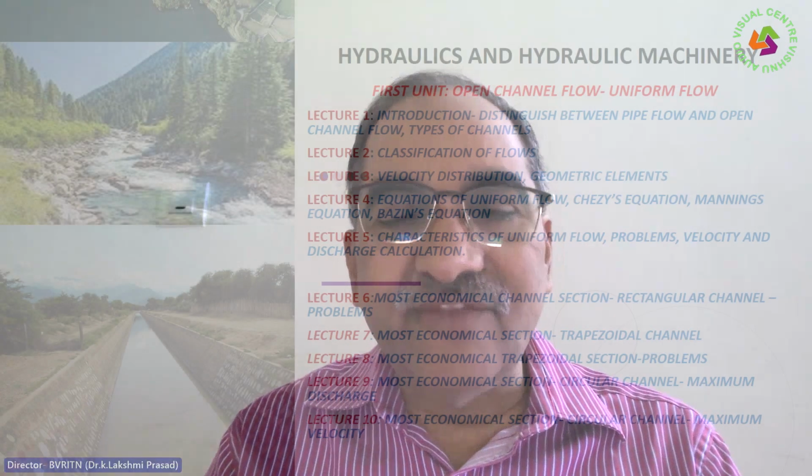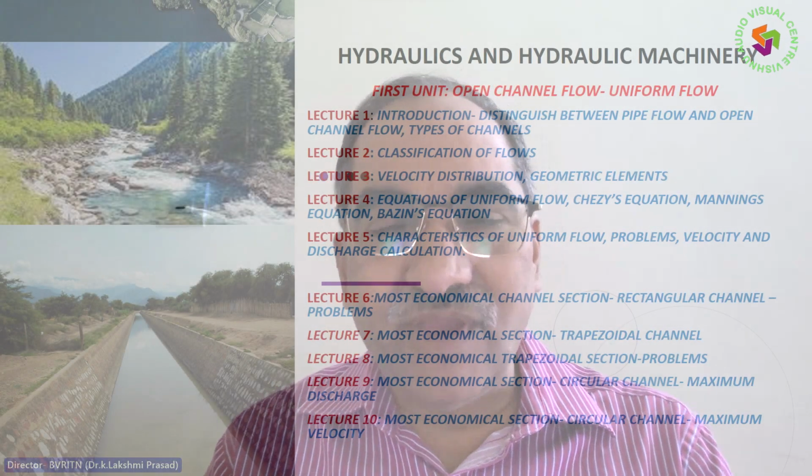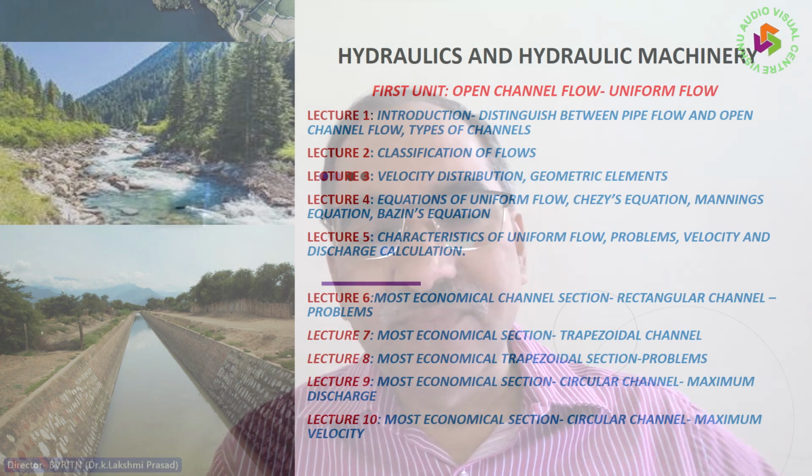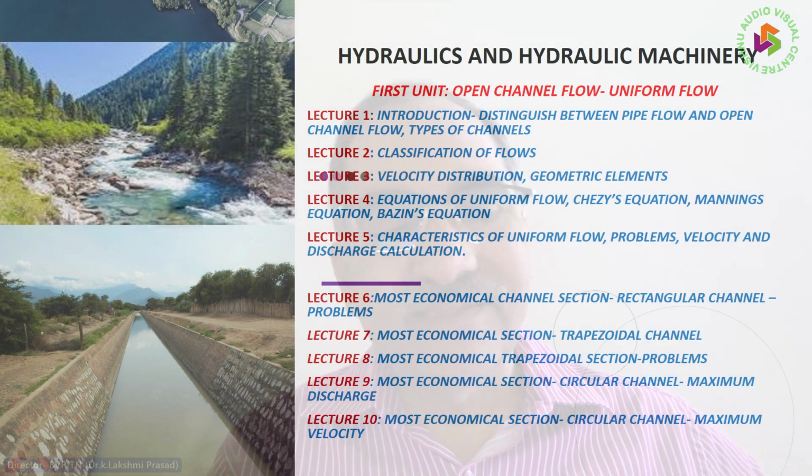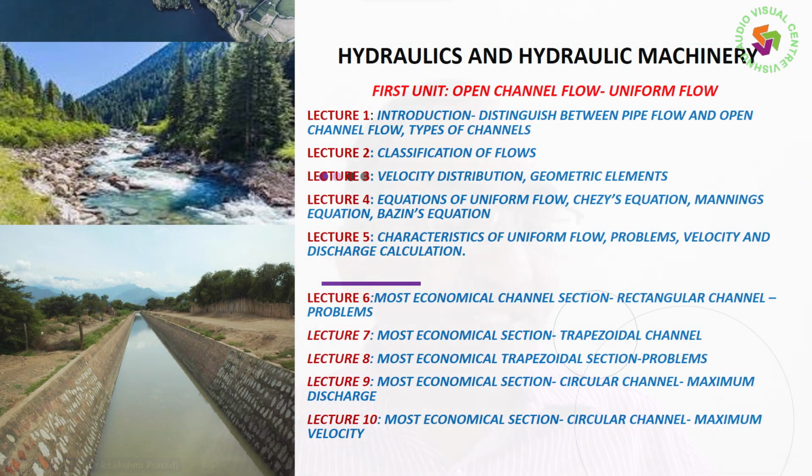Once again, I remind you, in the first 2 lectures, we discussed what is open channel flow, what is the difference between pipe flow and open channel flow. Then, what are the various types of channels? Then, what are the various types of flows? This is what we have discussed.